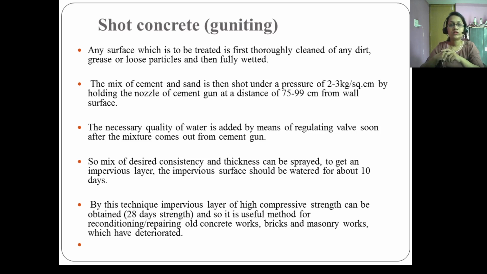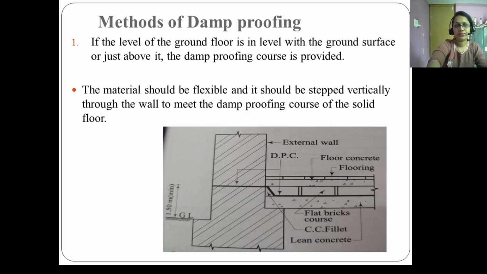A mix of the desired consistency and thickness can be sprayed to get an impervious layer, which should be watered for about 10 days. By this technique, an impervious layer of high compressive strength, that is 28 days strength, can be obtained, so it is a useful method for reconditioning and repairing old concrete works, bricks and masonry works which have deteriorated.